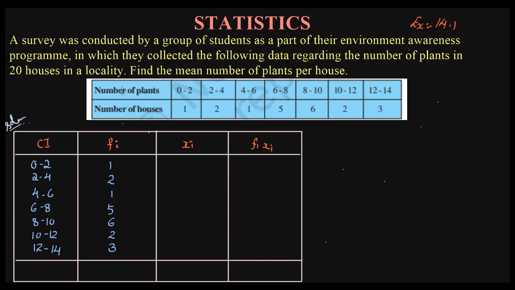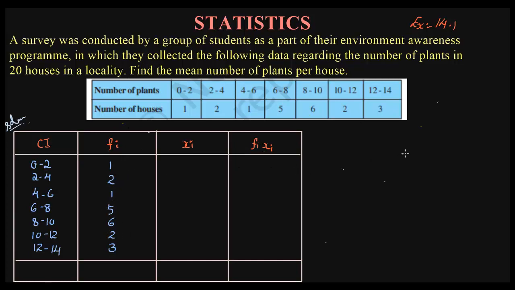I have not written simply the number of plants, I have written the class interval because this is the class interval you have for this problem. So 0 to 2 and so on, I have mentioned everything. Now this is the frequency, fi, in the second column, and it is nothing but the frequency.